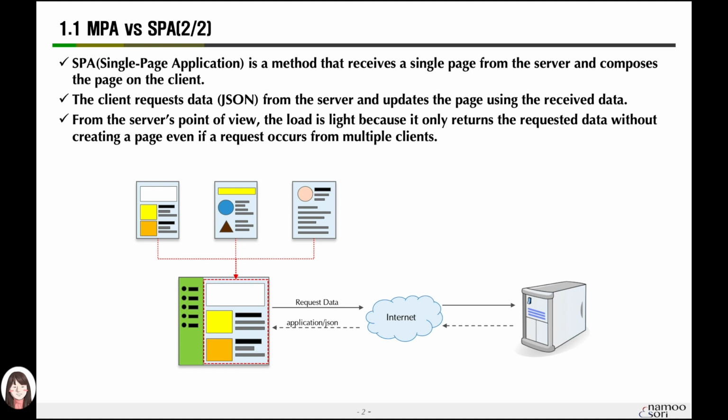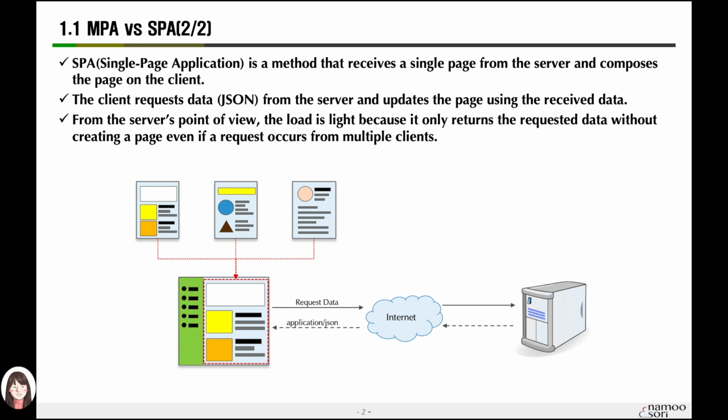In other words, the difference between MPA and SPA becomes the difference between whether the server or the client creates the page requested by the user. A single page application does not create a page on the server. The server plays the role of sending only relevant data according to the client request.